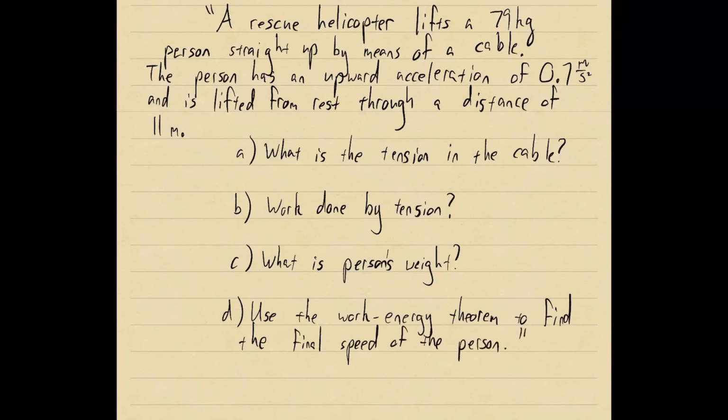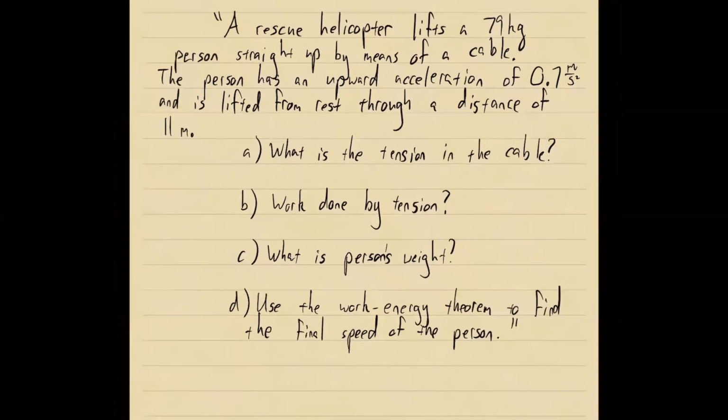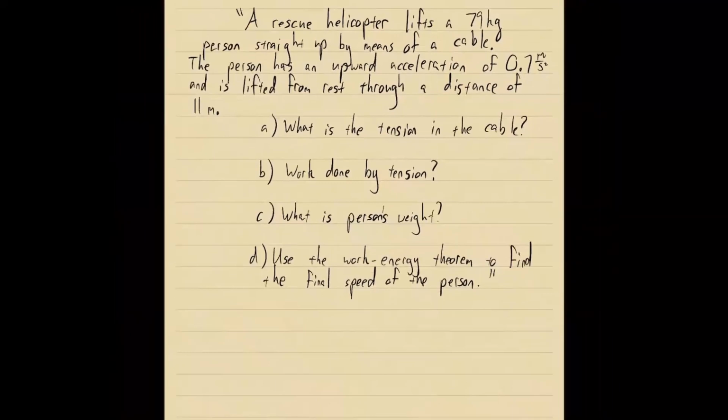All right, so we have some work to do. To begin with, let's write down what we know. The mass of the person is 79 kilograms, just like that. And the person's net acceleration in the y direction is 0.7 meters per second squared.